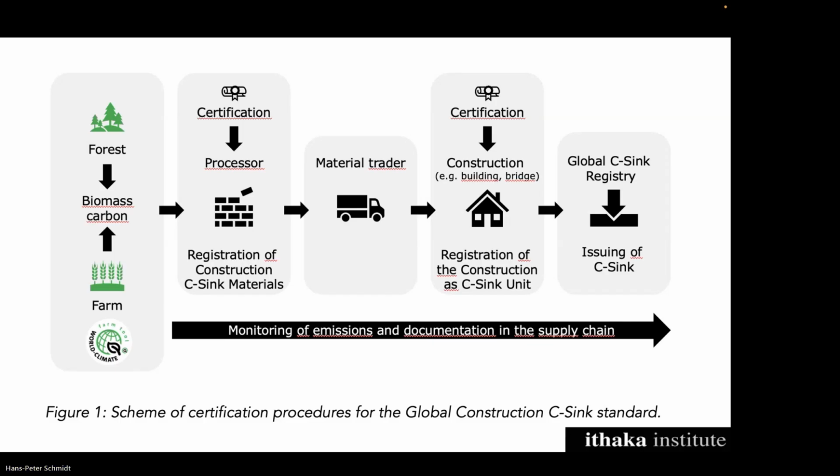And here it becomes interesting, because now we have carbonaceous or carbon sink materials. Let's say we have a brick with biomass in it, or we have wood beams, or we have biochars. So all these materials containing natural carbon will enter at the processor site into the material index.